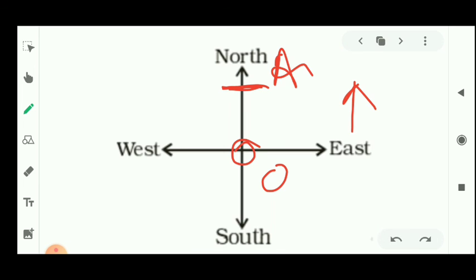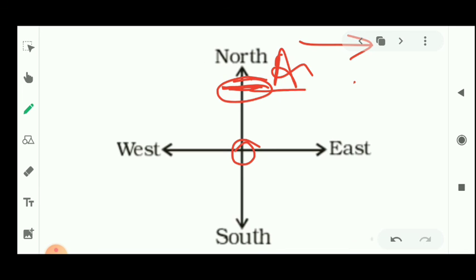After this, the question told you he took a right turn and covered 1 kilometer distance. That means for the right direction, he has to move in east direction. That means from A to this direction he has to move. Okay students, that means he is standing now at A point, and he has to move 1 kilometer.